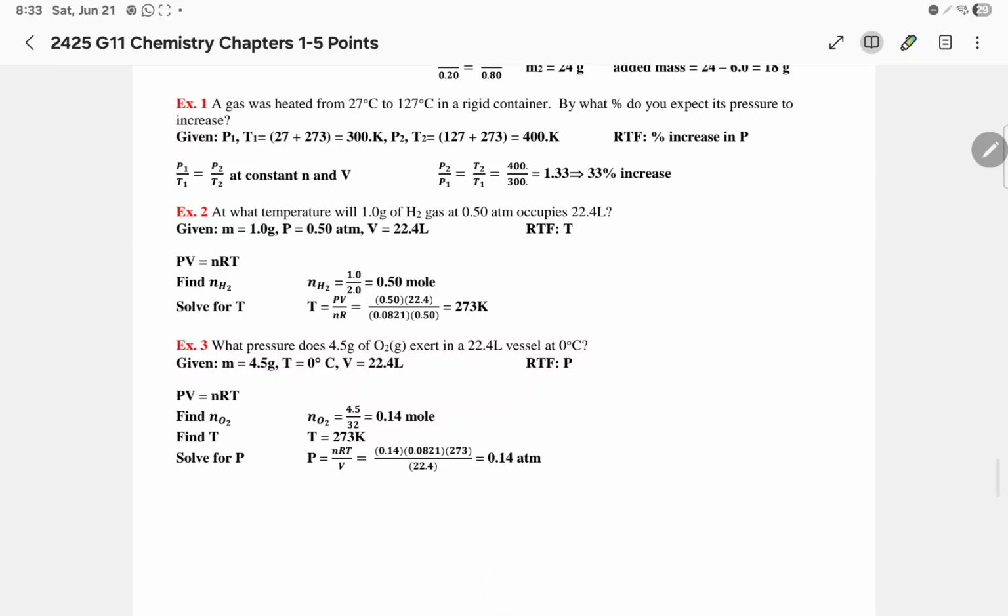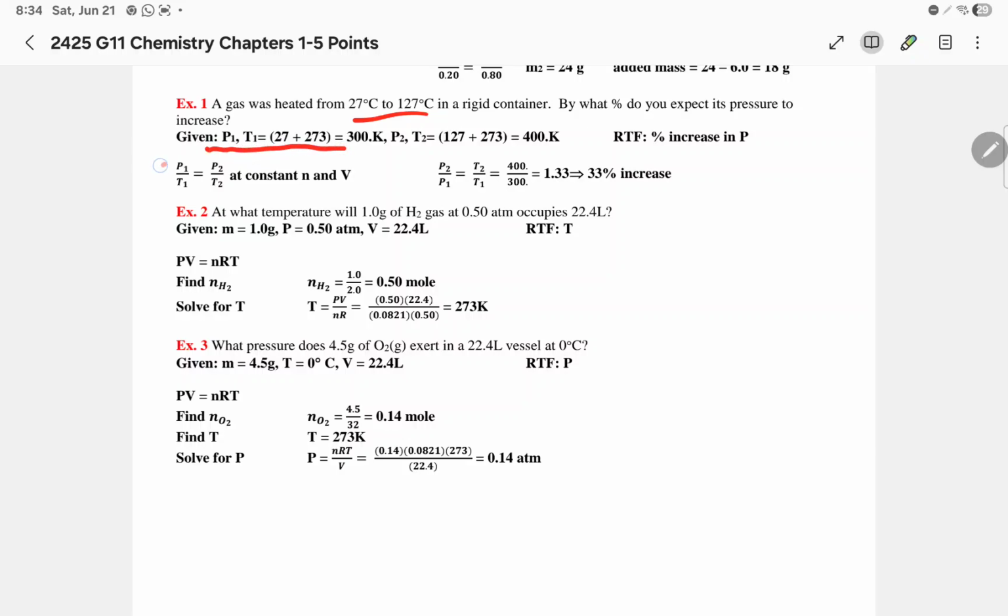A gas was heated, but by what percentage do you expect its pressure to increase? Now, we know that P2 over P1 equals T2 over T1. This is gonna give you a ratio. A gas was heated with 100 degrees increase.